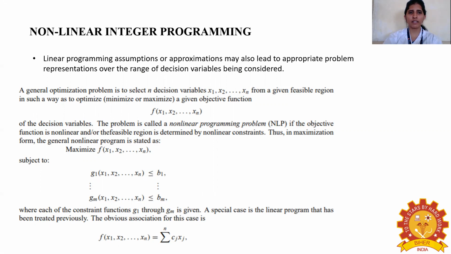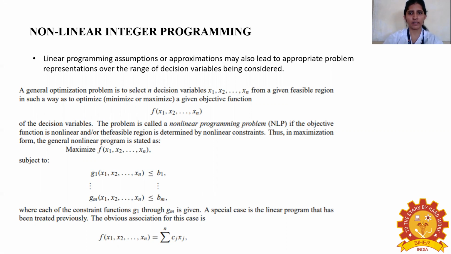Optimize means to minimize or maximize a given objective function f of x1, x2 to xn of the given decision variables. So the problem is called a nonlinear programming problem if the objective function is nonlinear or the feasible region is determined by nonlinear constraints.